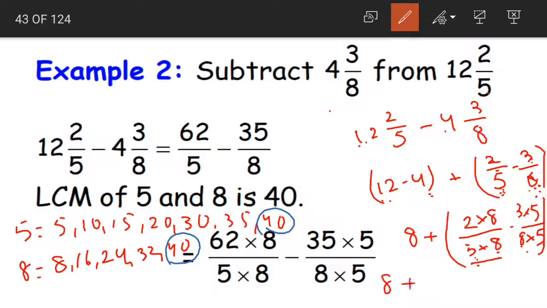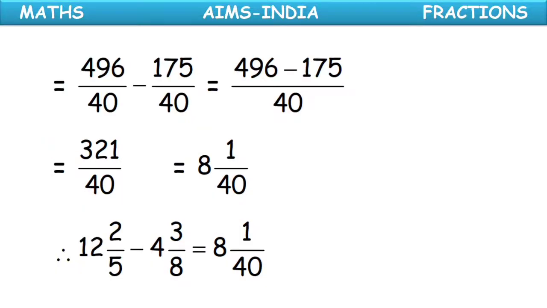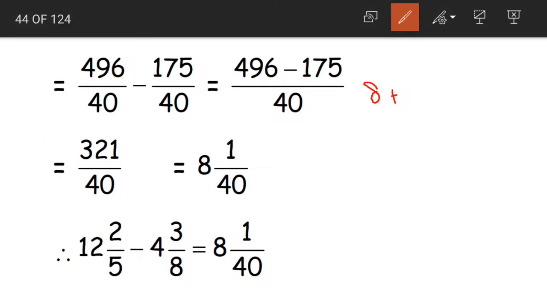Now again 8 plus, what is this? 2 into 8, 16 divided by 5 8s are 40 minus 3 into 5, 15 by 8 5s are 40. 16 by 40 minus 15 by 40. Let me write it here again. 8 plus 16 by 40 minus 15 by 40.